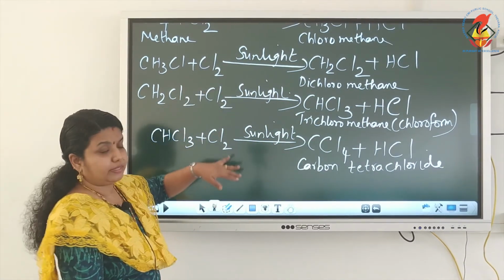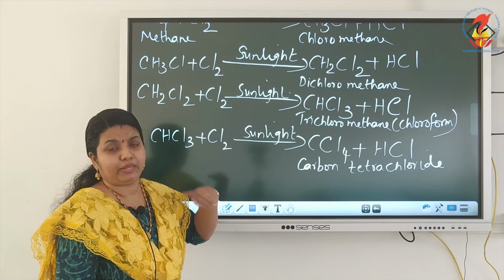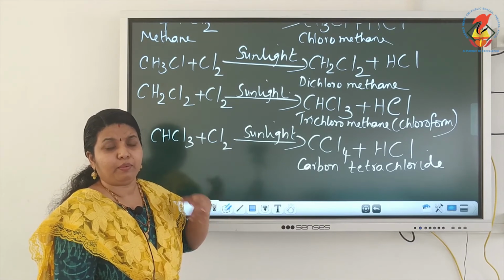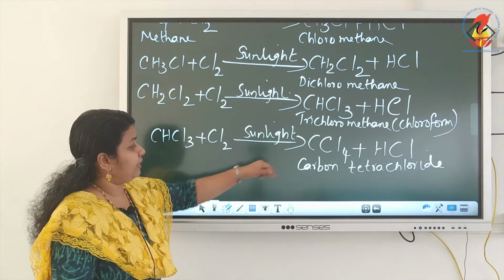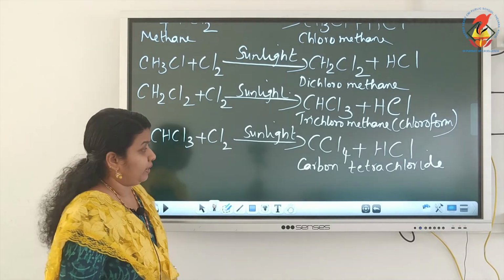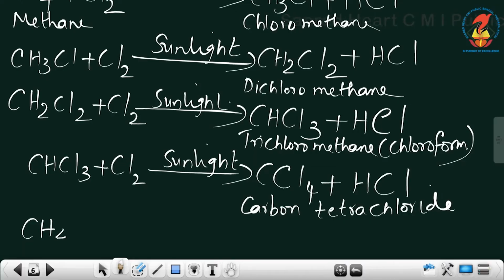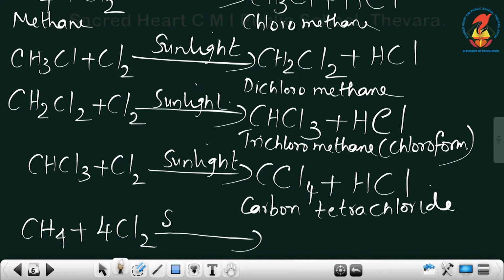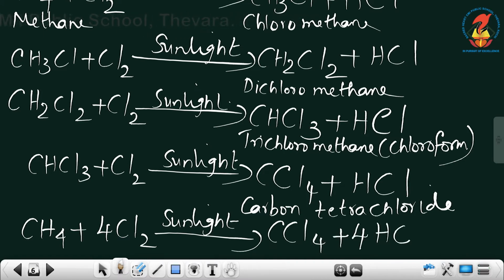So, all the hydrogen atoms of methane are replaced, and finally you get carbon tetrachloride. In one step, how can you write this equation? CH4, methane, plus how many chlorine molecules are added? 4. So, 4 chlorine molecules are added. So, what do you get at the end of these 4 steps? CCl4 plus how many HCl molecules? 4 HCl.